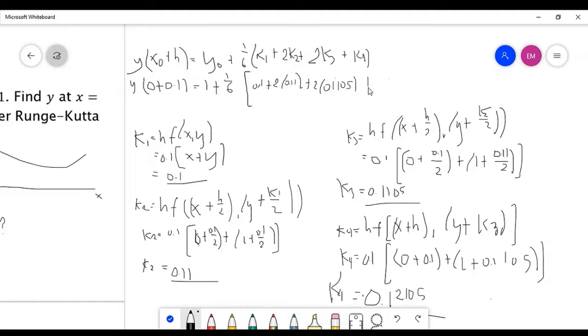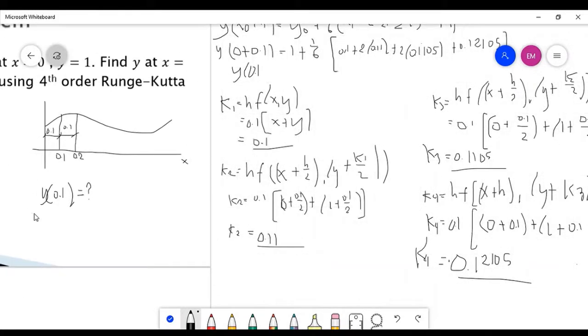And lastly, your K4 has 0.12105. And then sum up. So basically, the result of 0 plus 1 is 0.1. And take note that what we need here are the values from earlier. Therefore, if we calculate them, we have the answer.